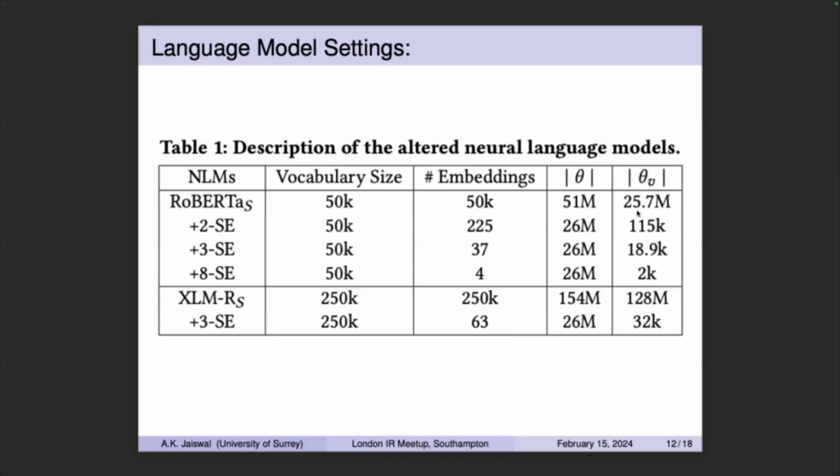This is actually just the compressing down. I mean, this can go worse when you do +8. And we also did it for the extra large as well. You can see that it doesn't compress much, it's only 128 million.